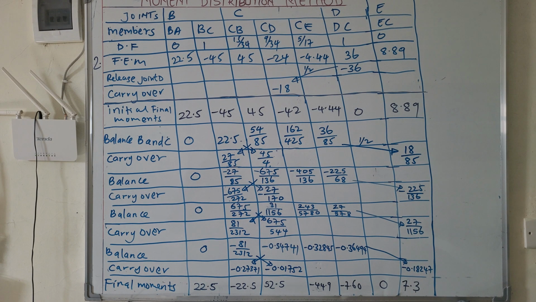So that is it. What follows next is to draw the bending moment diagram for a portal frame. So let's see how you can draw that bending moment diagram and indicate all critical values.